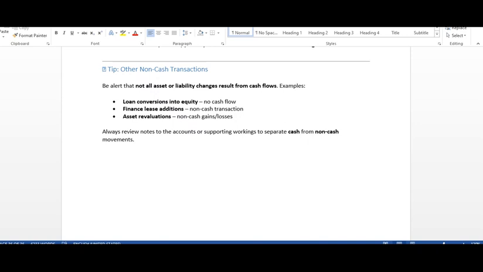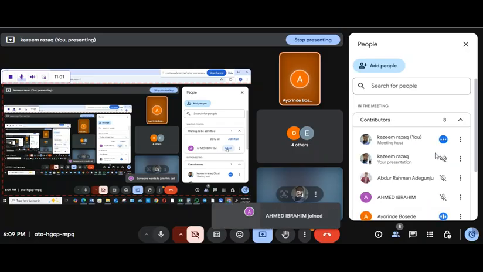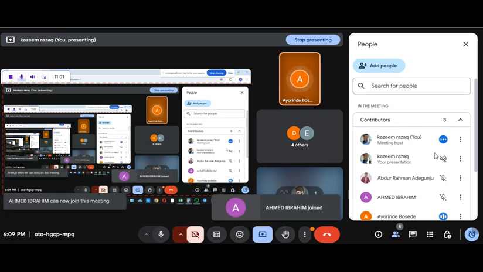Are we settling for May 2021? Yes, please. Anyone who has a particular copy should please share. I have it on my laptop. May 2021.